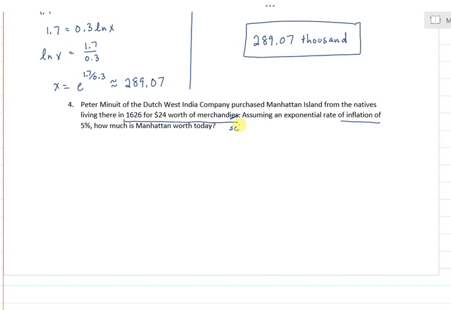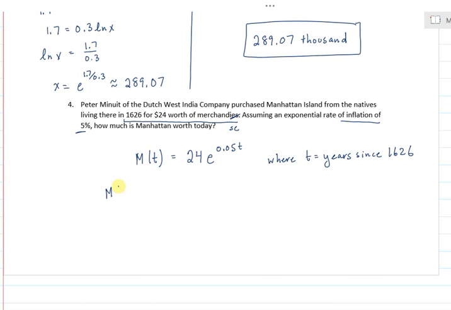Okay, so the value of Manhattan at a given time is going to be its initial value, that's the $24, e, we need a rate, here's my 5%, 0.05 times t, where t equals years since 1626.